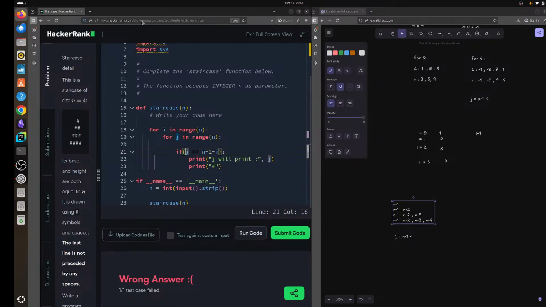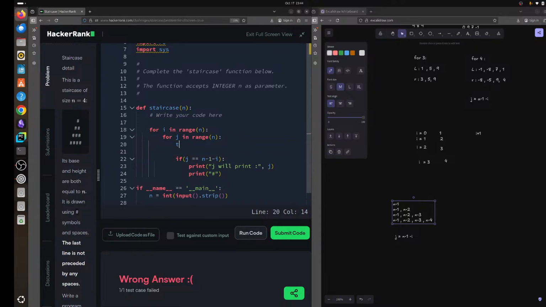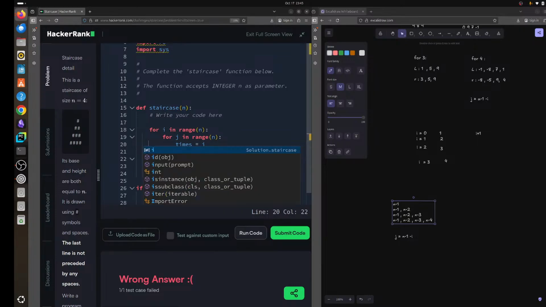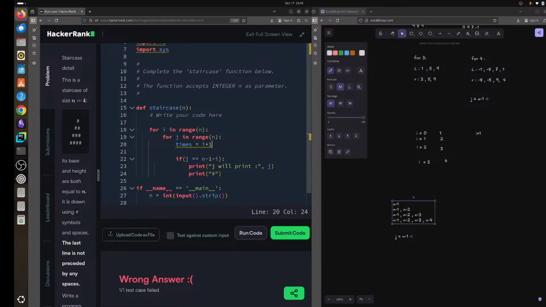Okay, let's put two conditions. Suppose let's put times equals i plus 1. Okay.